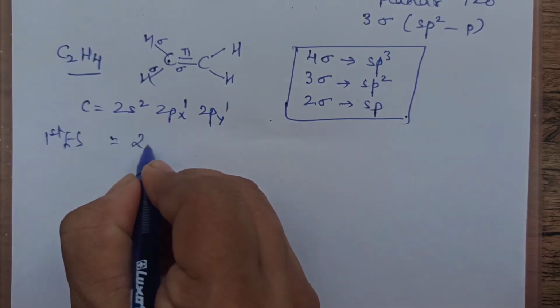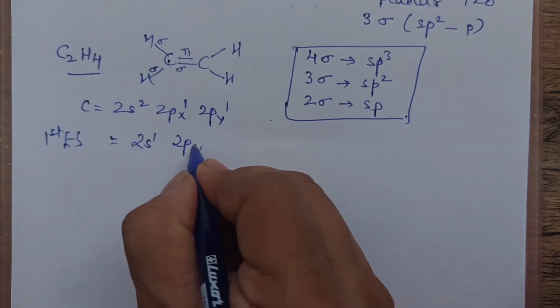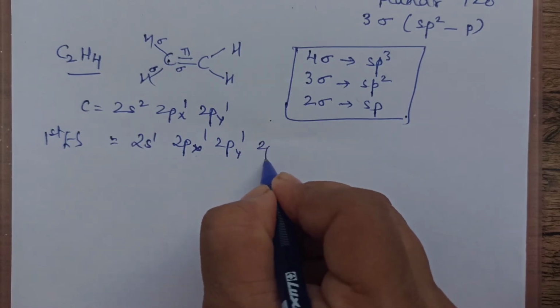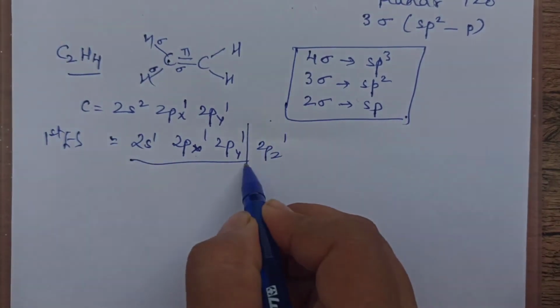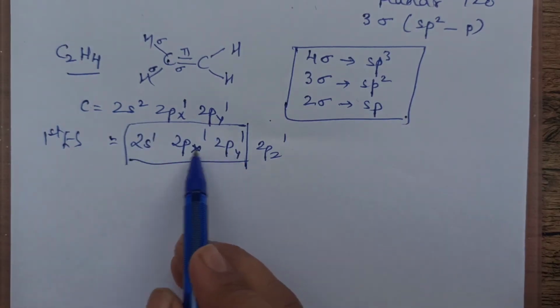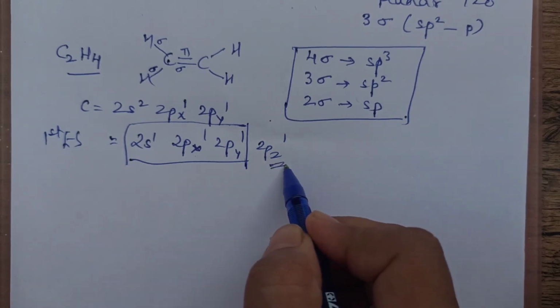So in the first excited state, its configuration is 2s1, 2px1, 2py1 and 2pz1, right? But the hybridization is sp2. That means s and two p orbitals only intermix. One of them will be left over.